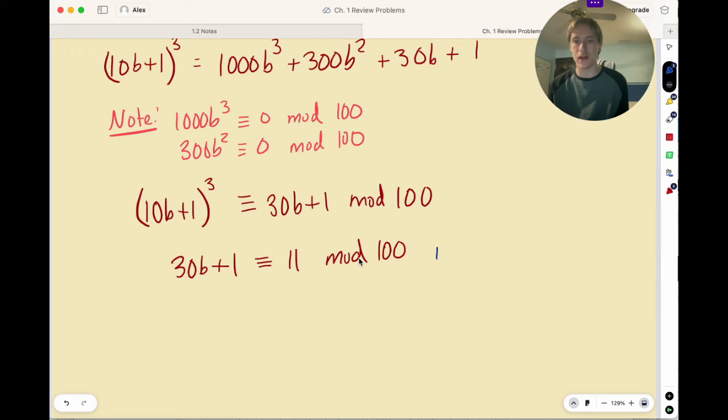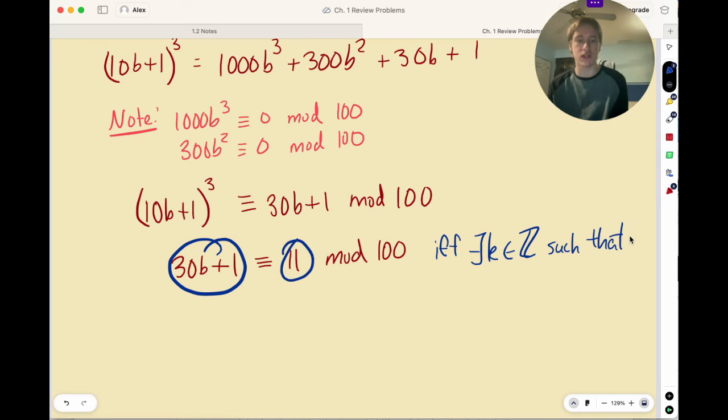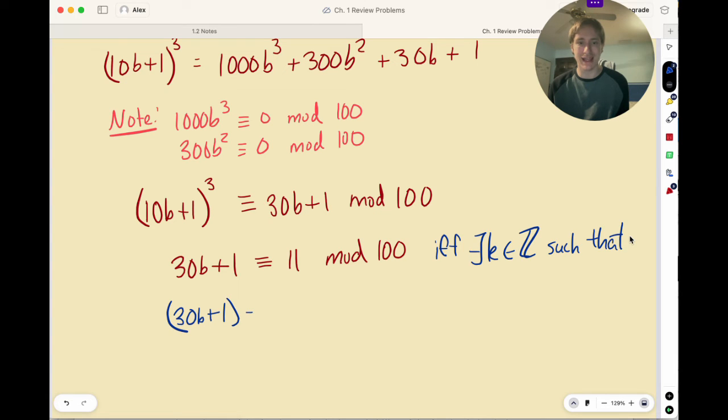That is going to happen if and only if there exists some integer k such that the difference between those two is divisible by 100, which means this minus this is going to equal 100 times k, for some integer k.